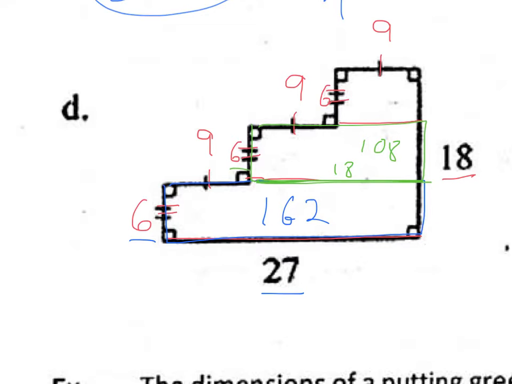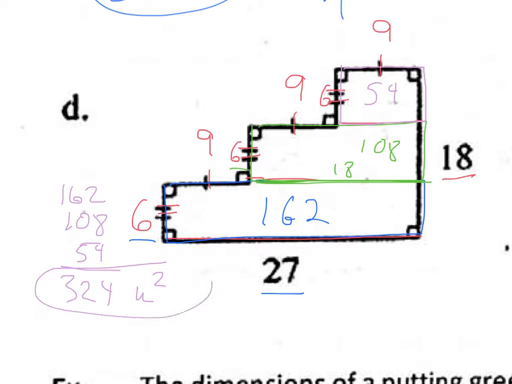And then the last one, this rectangle right here, is 6 by 9, which is 54. So we know the area of all 3 rectangles. Now we just add them up. 162 plus 108 plus 54, and we get 324. Again, no units, so we'll just call it unit squared.